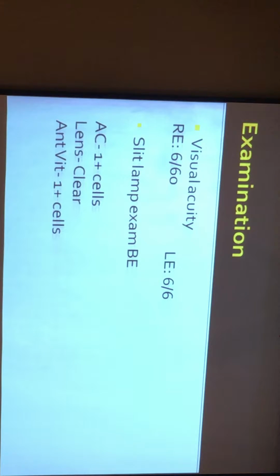So now on this exam, on this slit lamp, what else do you want to know? You know you have some cells, what else in there do you want to know? Usually in the case of uveitis, on the slit lamp examination, what else do you want to find out? About the synechia. Synechia, okay, so yes or no synechia. There's no synechia. What else?